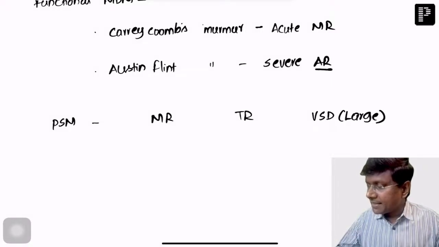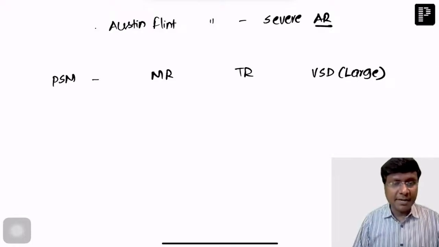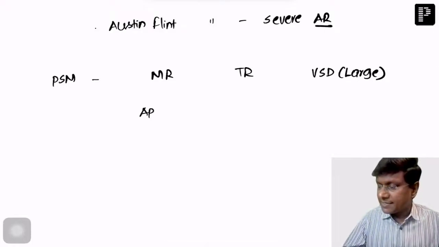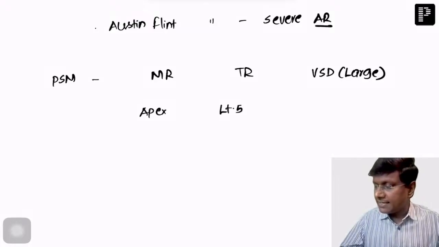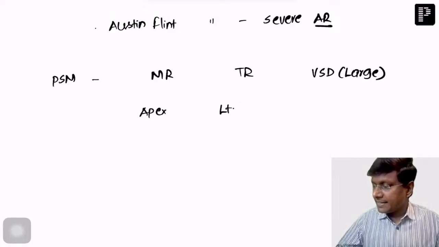And MR and TR here are chronic MR and chronic TR. The MR murmur is heard at the apex, right? The TR murmur is heard at the left fourth intercostal space.